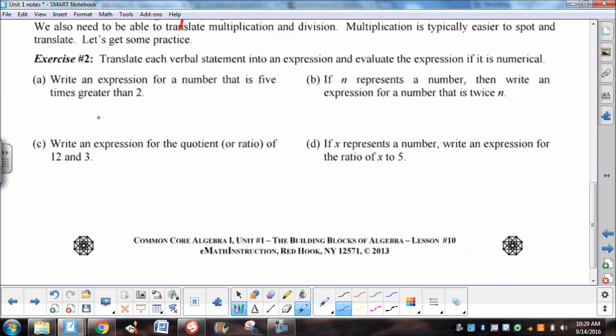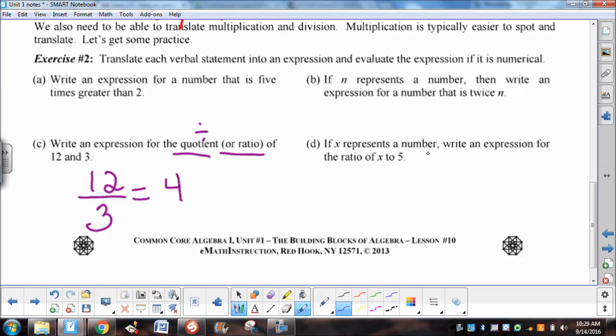Let's do C. It says translate each verbal statement into an expression and evaluate the expression if it is numerical. Write an expression for the quotient or ratio, those are one and the same, of 12 and 3. Well, quotient means to divide. Ratio is just division or a fraction. I tend to write my ratios or my quotients as fractions, and it says to find that value, which is 4.